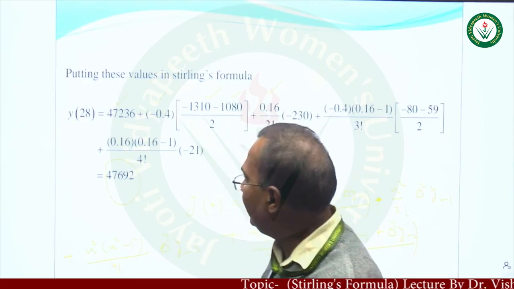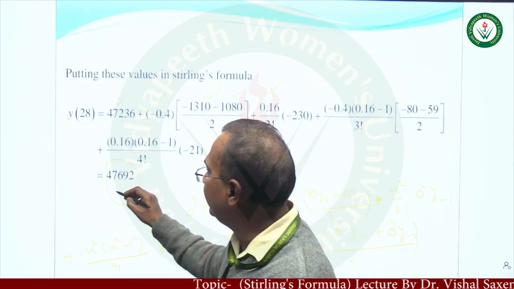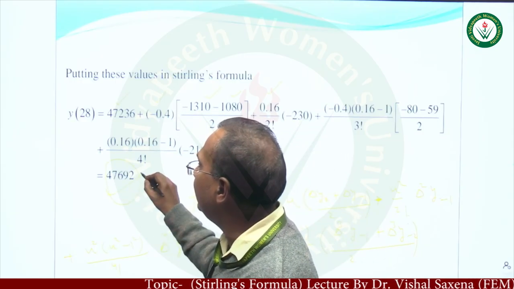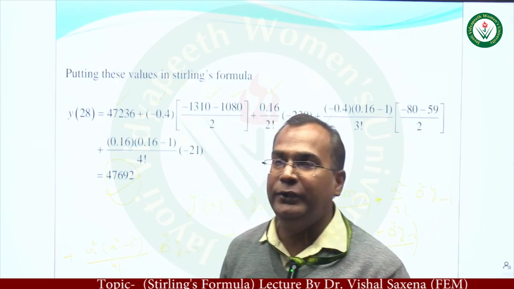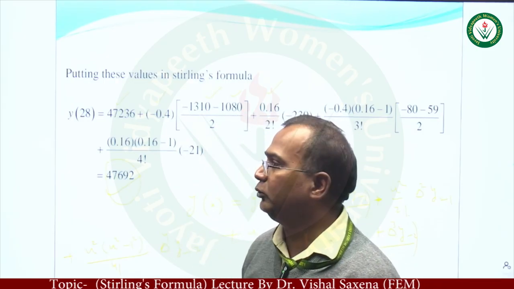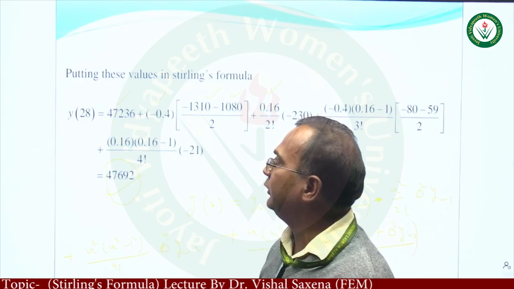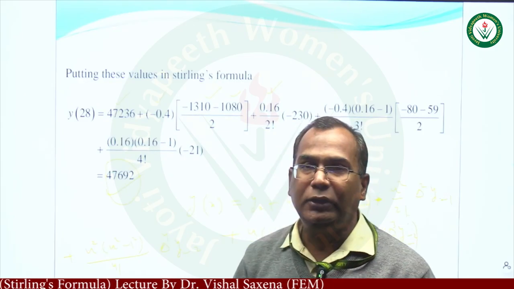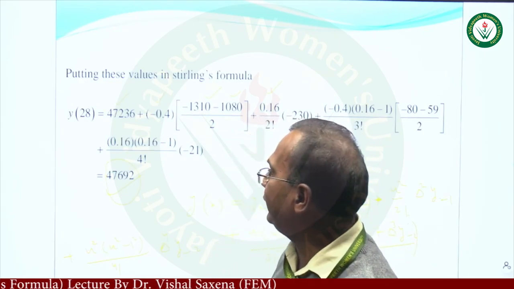So ultimately what is coming there? 47,692 is the value of y at x equal to 28. So this is the value of y at x equal to 28.